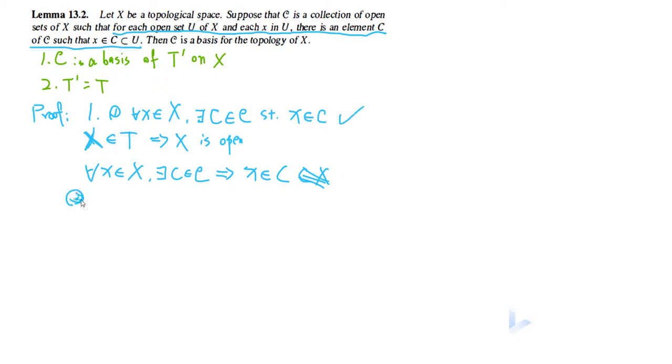How about the second one? The second property is that for any C1 and C2 from the basis C, for any x in the intersection of C1 and C2, we can find another element C3 from the collection C such that x is inside this C3, and this C3 is a subset of the intersection.